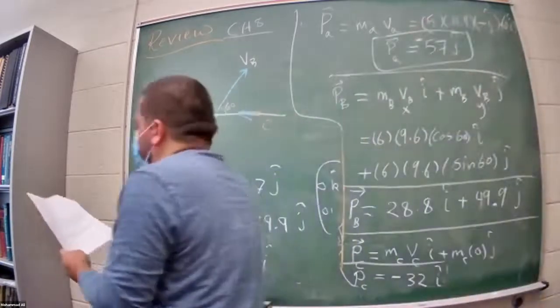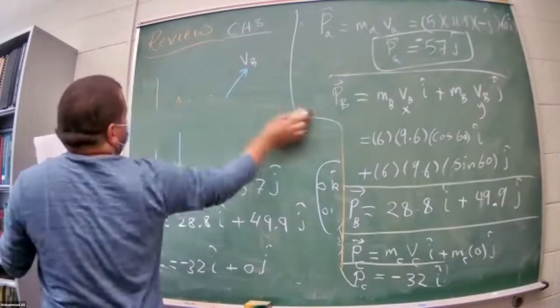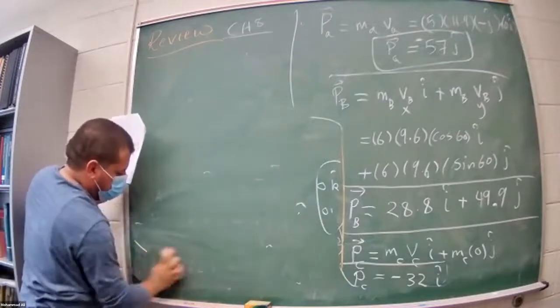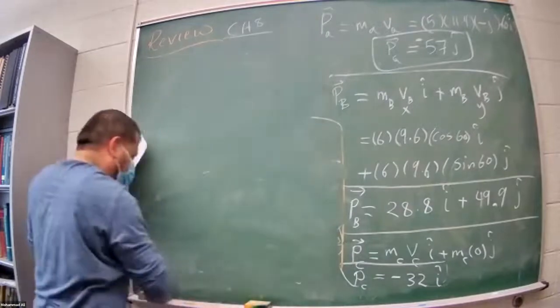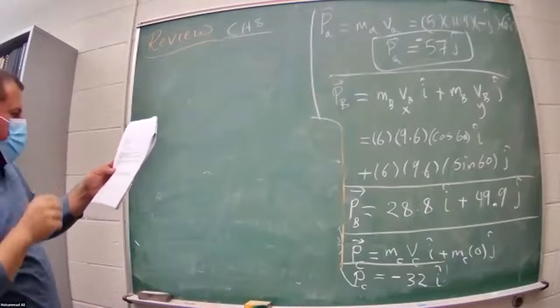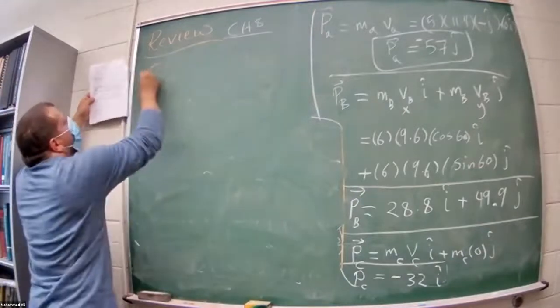Now I'll go to the sheet number, I don't know the number, because we have another sheet, another chapter for today. Now, for example, we have a collision.